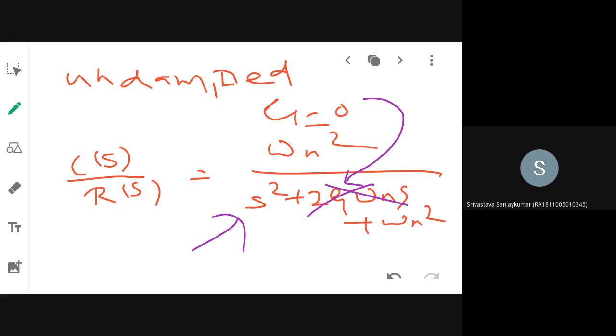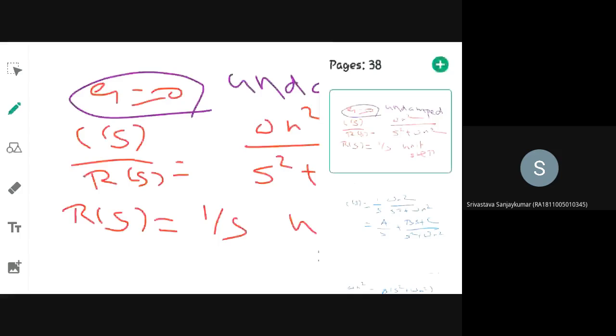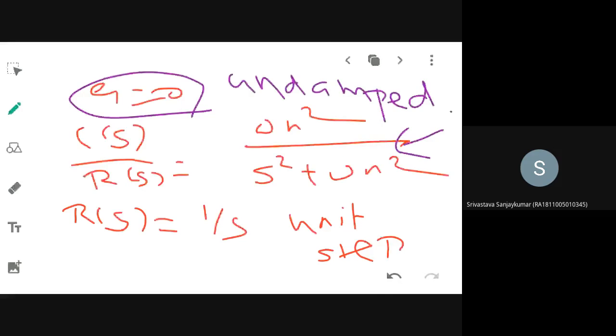The remaining will be just omega n square divided by s squared plus omega n square. That is how I have got this equation, just substituting zeta as 0 in the general transfer function representation.